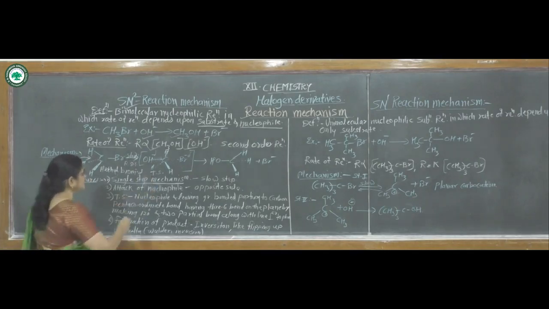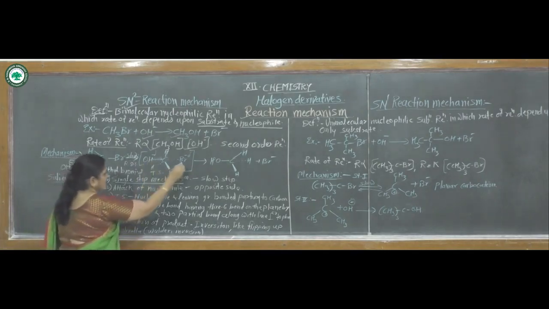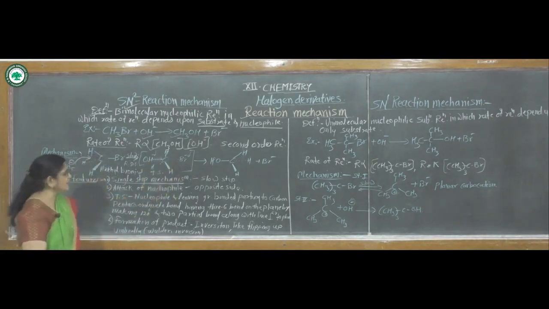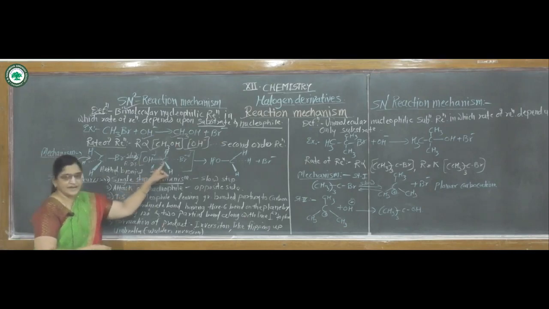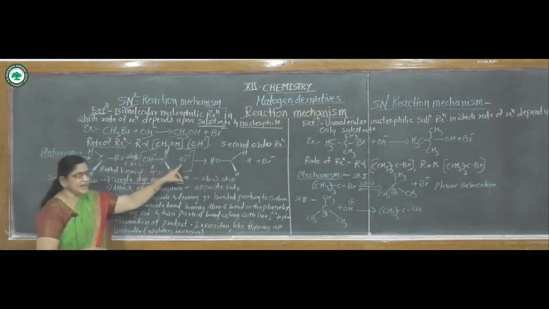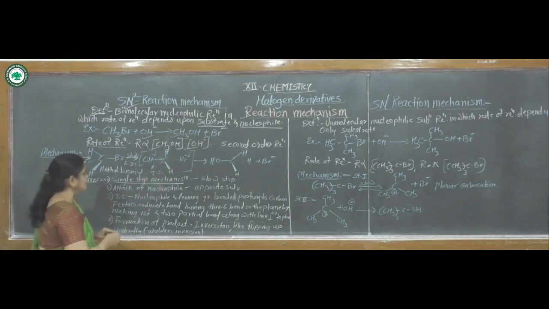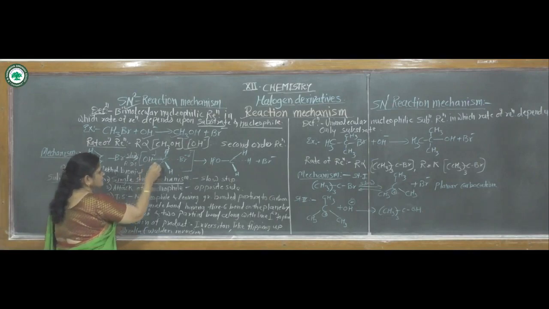In this transition state, the bromine and the hydroxy group are partially bonded to this carbon atom, with partial negative charge.